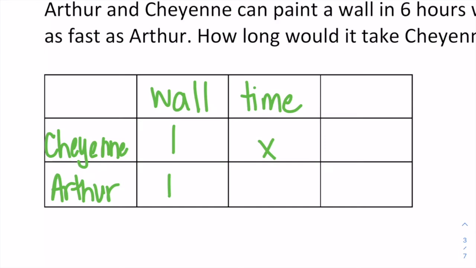But remember, she works faster than Arthur. She's twice as fast, so it'll take Arthur 2 times that amount of time to paint one wall. So considering their rate, Cheyenne's rate will be 1 over x, the wall divided by the time. And Arthur's will be 1 over 2x.